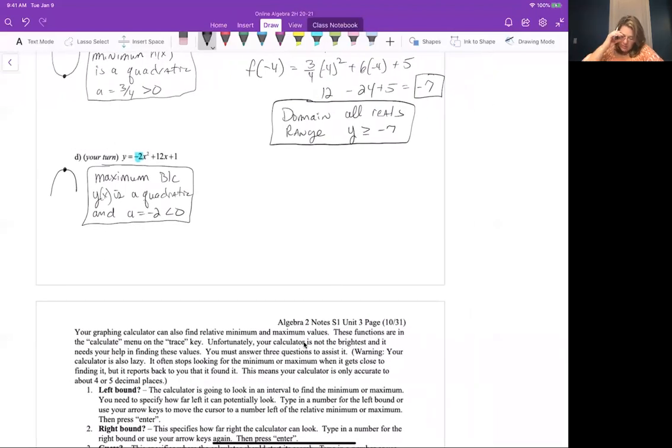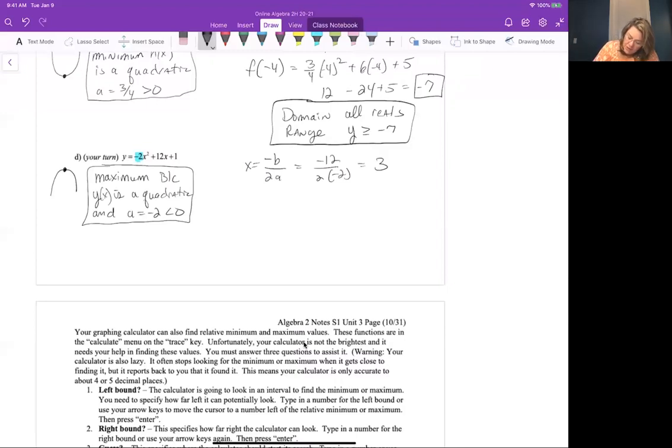Okay, so next thing we're moving on, I need to find that maximum. Well, the first thing I do is find the x coordinate of my vertex, which is negative b, so that's negative 12 divided by 2 times negative 2, which gives me a value of 3.